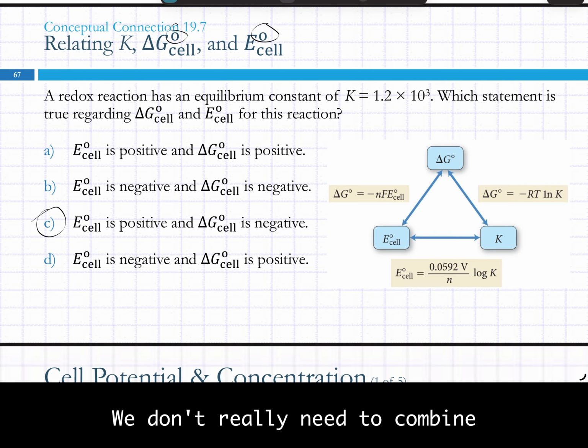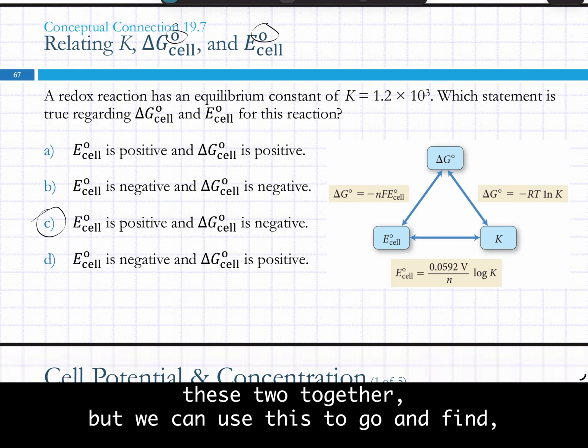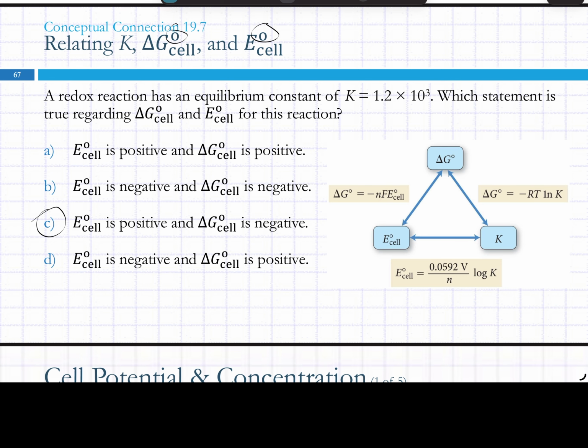We don't really need to combine these two together, but we can use this to go and find nickel. So nickel is here. That's negative 0.23. And for the vanadium, that's over here. So that's 1.00.